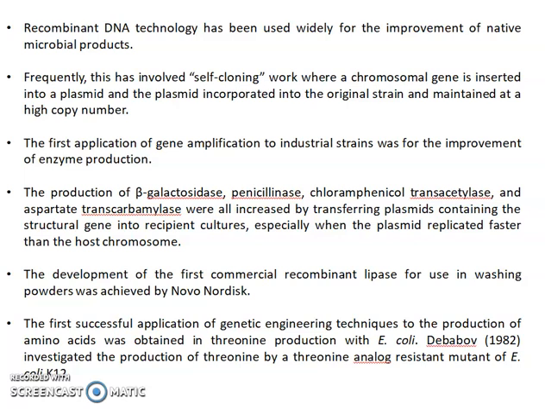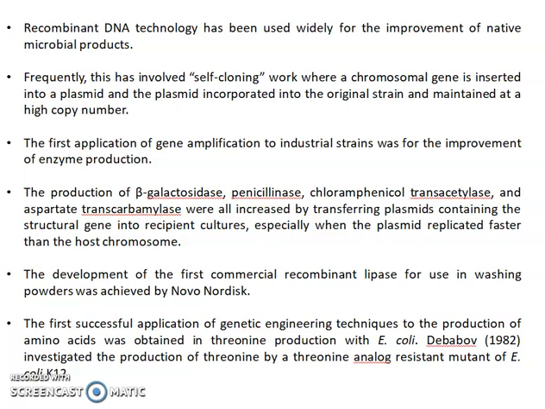A new plasmid having a gene of interest will be replicated faster and the production also improved. We can get a high copy number, and a high copy number of the plasmid leads to high production of the product.